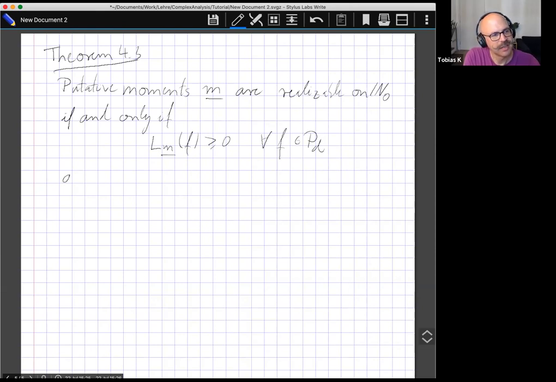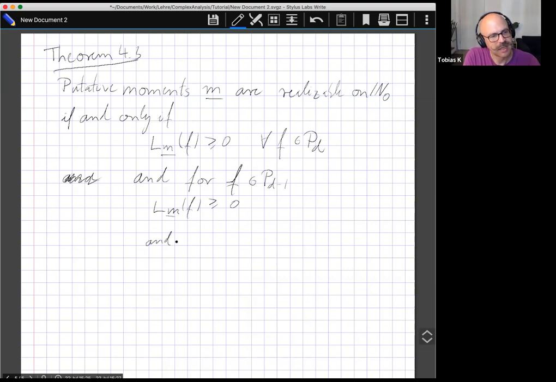And, sorry, this should be indented. So Lm of F is greater or equal to 0 for all F element PD minus 1, I have this.